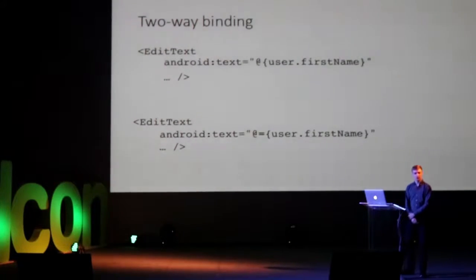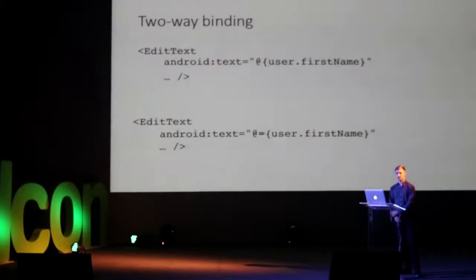Now if the user changes the text in the edit text, then the field on the model will also be updated. So that's really nice. This doesn't work for every attribute, but it works for pretty much all of the ones you care about, like edit text, checkbox and switch, number picker, seek bar, all of those. They have attributes that bind two ways.